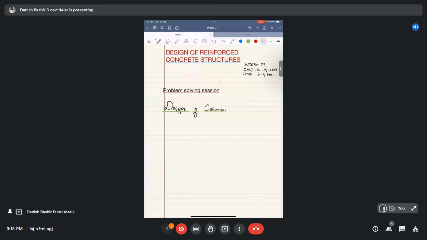There are different types of columns, where the classification depends on many categories. For example, first can be on reinforcement basis.